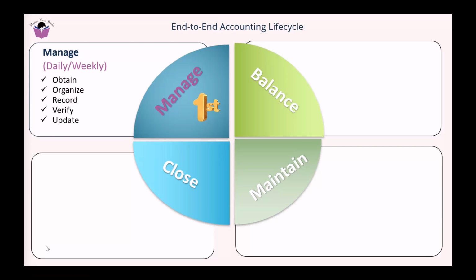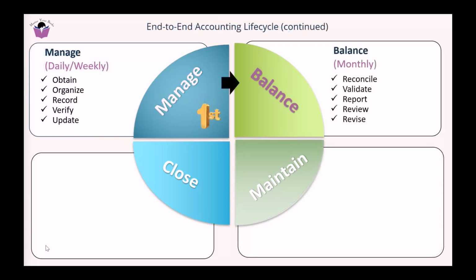Again, we're going to use the example that this is getting managed on a monthly basis. Then we go ahead and need to balance all this information. So even though we've managed the data all month long, right? And we've been doing these accounting tasks all month long, so it's not so overwhelming at the end of the month, there is still a very essential step that has to be done at the end of the month, and we need to balance it all out.